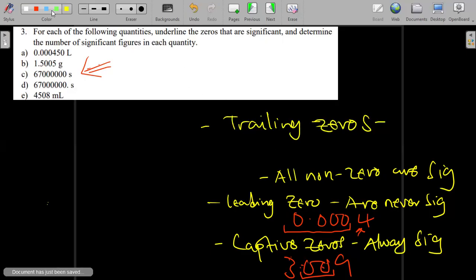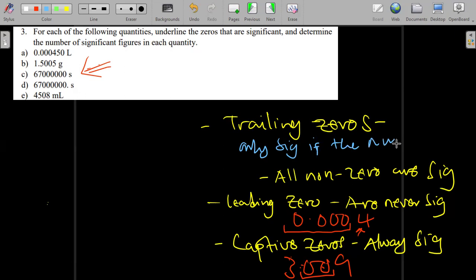So these trailing zeros are only significant if the number contains a decimal point. So if there's a decimal point in that number and you have trailing zeros, just know that those trailing zeros are significant. So what are trailing zeros? The trailing zeros are zeros that come after the non-zero digits.